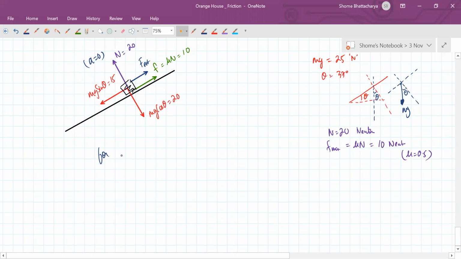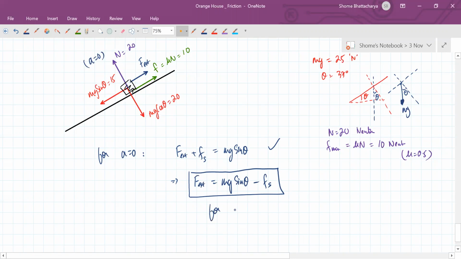So for acceleration to be 0, F external together with friction, and this is static friction, will have to balance mg sin theta. This is the required equation. So F external has to be equal to mg sin theta minus the static friction.